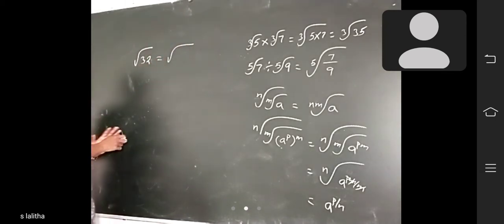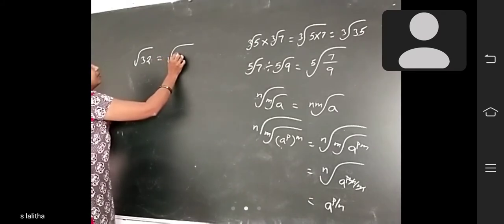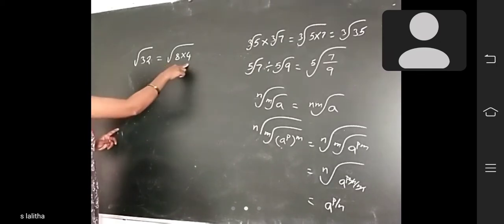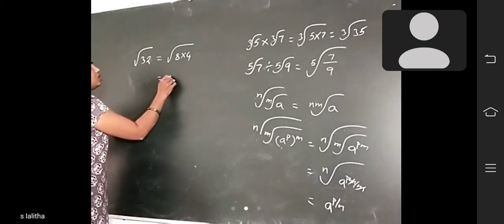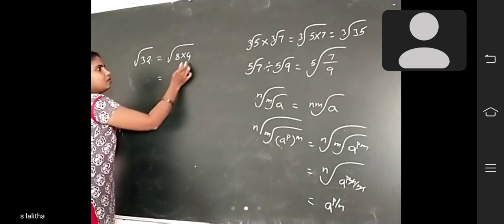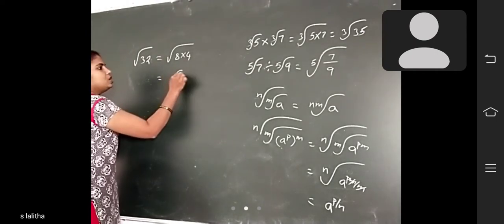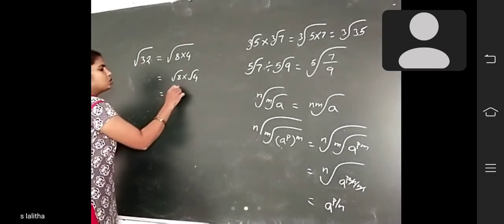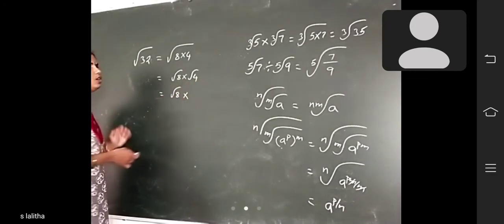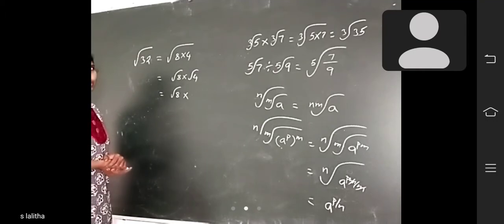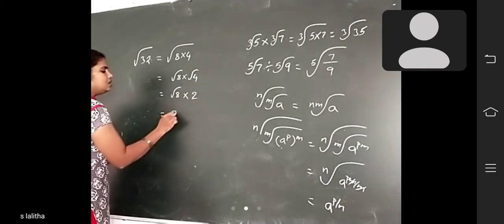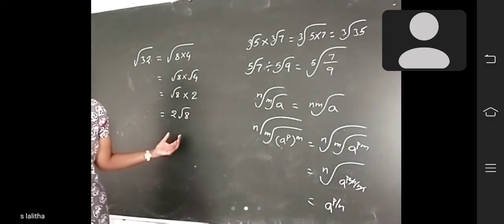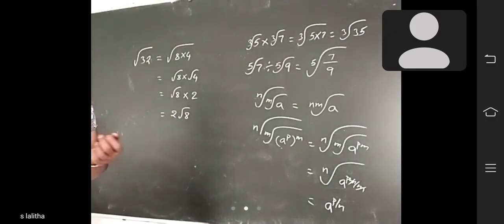Square root of 8 into 4. Can we write like this? 8 into 4 is 32? No. So here 4 is enough. Square root of 8 into square root of 4. Can you write like that? Yes. So square root of 8 into square root of 4 means how much? 2. So what is the answer? 2 into square root of 8. Can you write like that, children? So that is the standard form or simplest form.